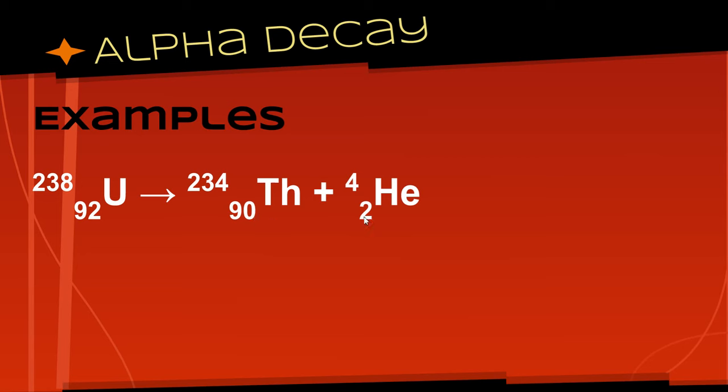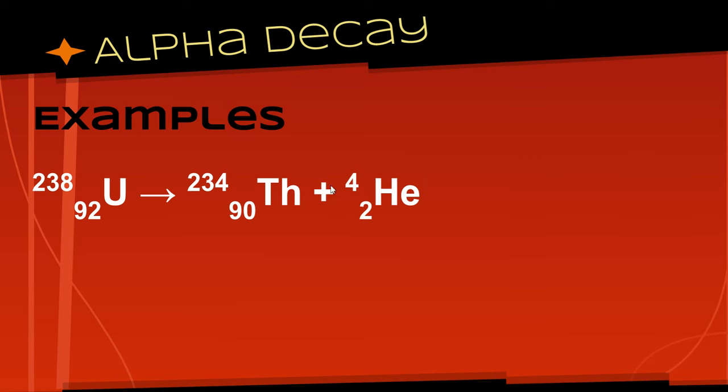We lost the 2 protons. They left the nucleus. Our mass number, you'll also notice right here, decreased by 4. So we had 238, now we have 234. So this is the mass number of thorium. And then, of course, we showed the fact that it was alpha decay by putting the 4 over 2 He. So that was the helium nucleus. It also could show just the alpha symbol, but this is another way to show it.